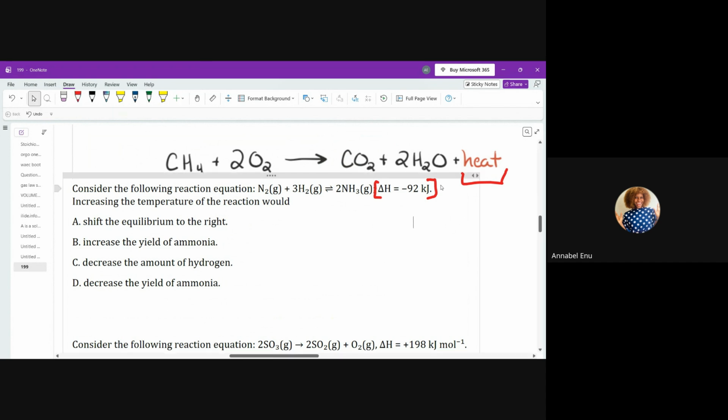This delta H being minus 92 kilojoule, it tells us what? Does it tell us endothermic or exothermic? Exothermic. Very good. And so since it tells us exothermic, what does that imply? That our heat is going to be part of the reactant or part of the product?